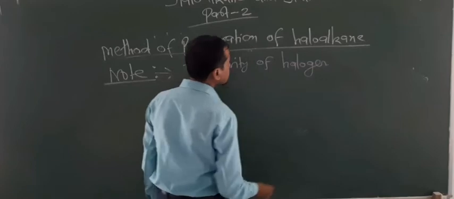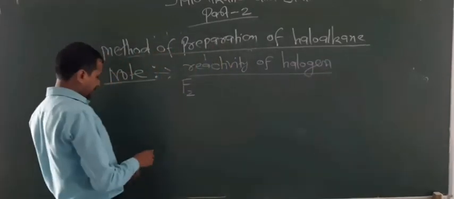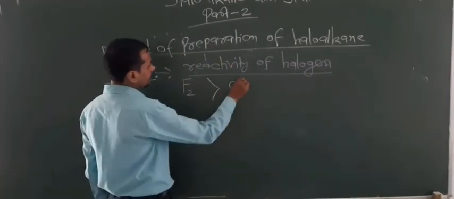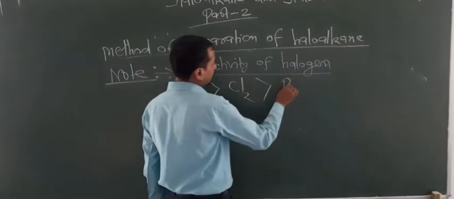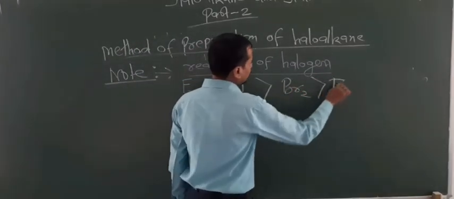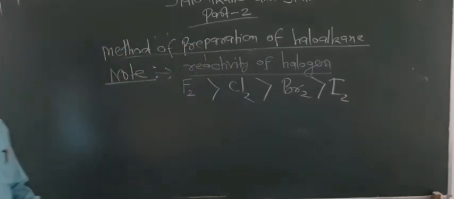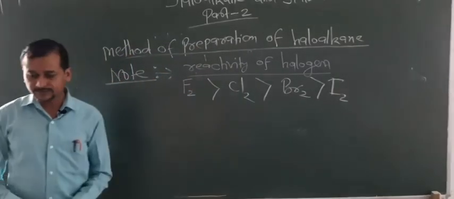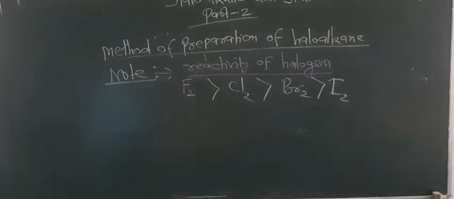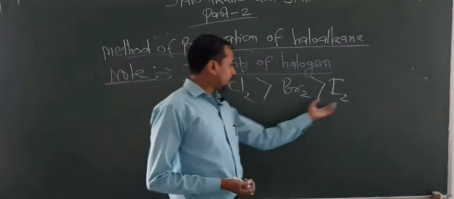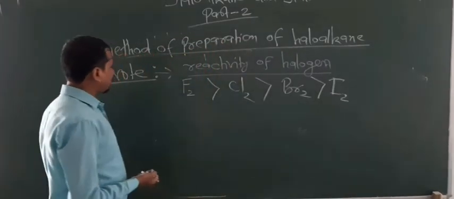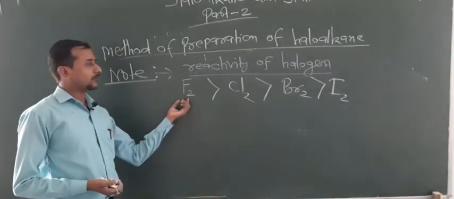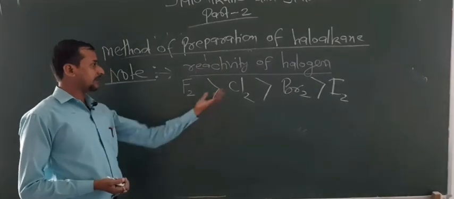For this reaction, F2 is more reactive than Cl2, Cl2 is more reactive than Br2, and Br2 is more reactive than I2. You can understand this from the size. The larger the size of the element, the greater the bond length and the less the stability of that bond, and hence basically it should be more reactive, but you know that F2 is the strongest oxidizing agent and most reactive, so that's why the reactivity order is like this.